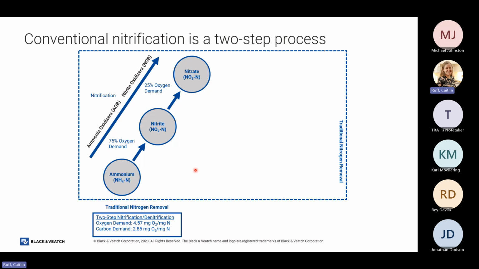So it getting closer to that number doesn't necessarily mean you guys have lost nitrification. We'll get into more about that later, but typically full nitrification for a conventional DO system is ammonium at less than 2 milligrams per liter and nitrite less than 0.5.